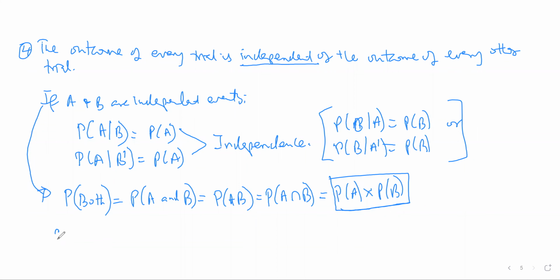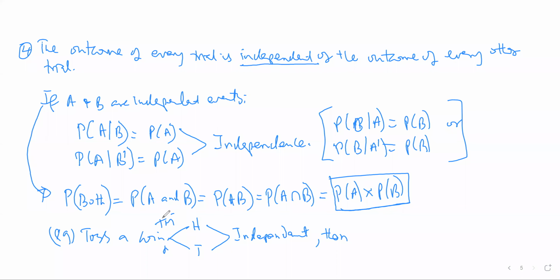For example, if you are tossing a coin, you know that there are two possible outcomes, H and T, and you believe these two are independent. Let's say you are tossing a coin twice.